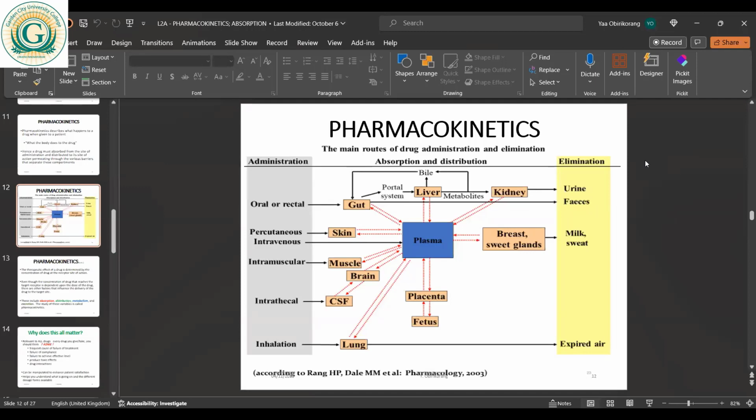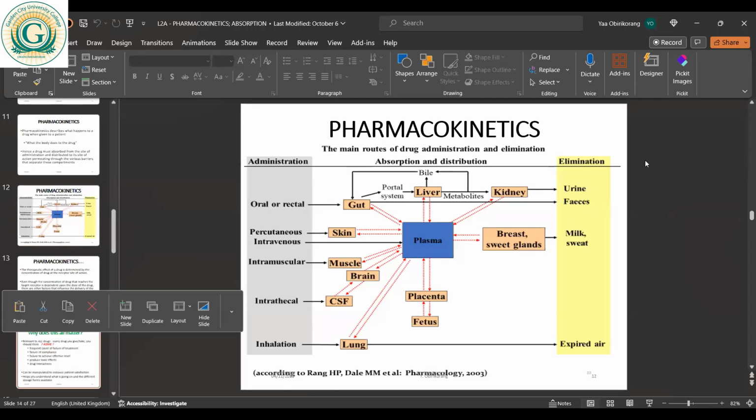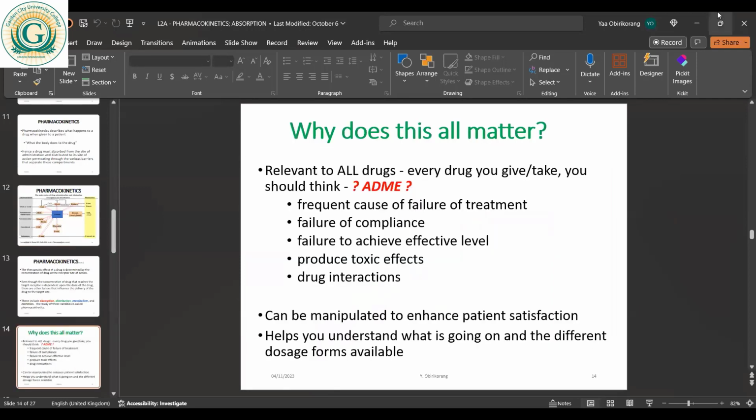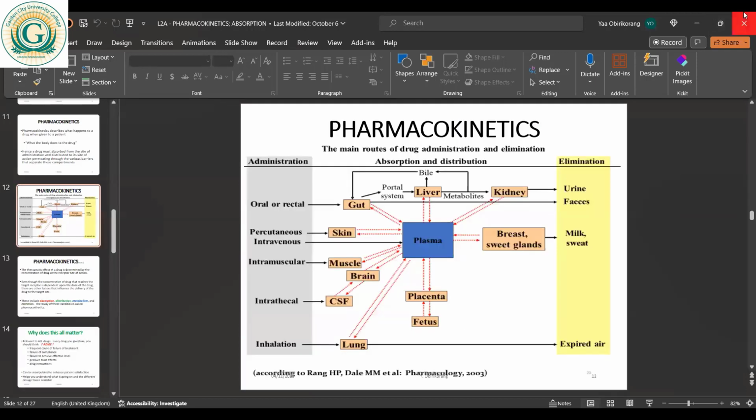So as a nurse, forgive me, as a midwife, when you are giving the patient the medication, you need to be aware which route is going to go through the first pass effect.